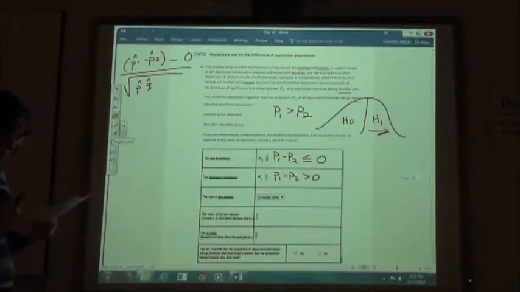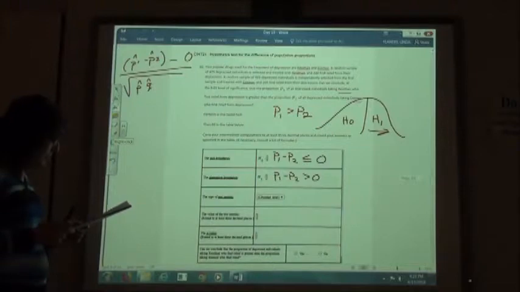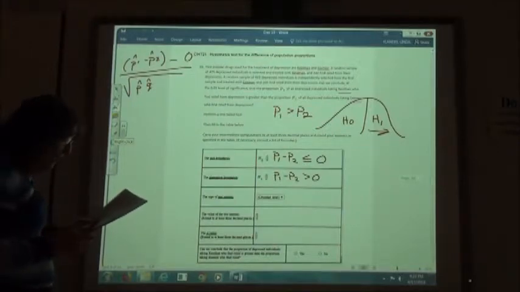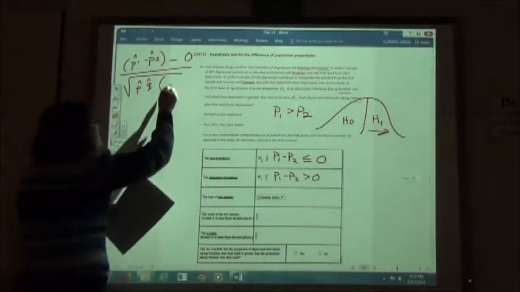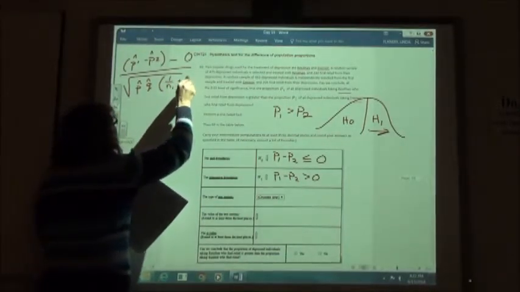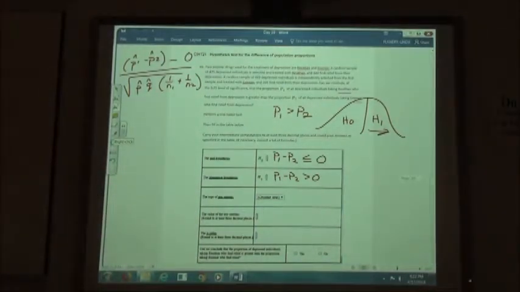I didn't put my 1s and my 2s in there. I have to find p hat and q hat. Times 1 over n1 plus 1 over n2.